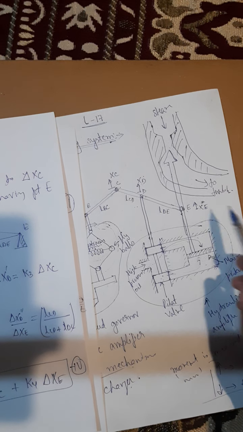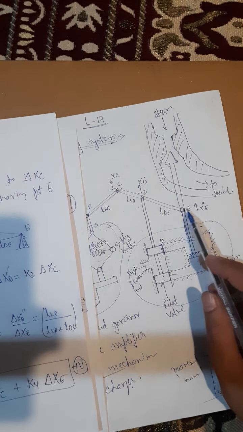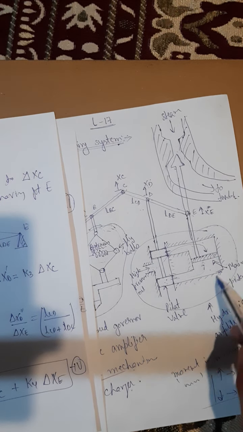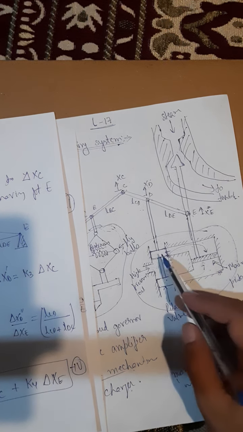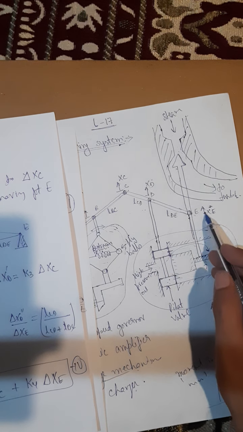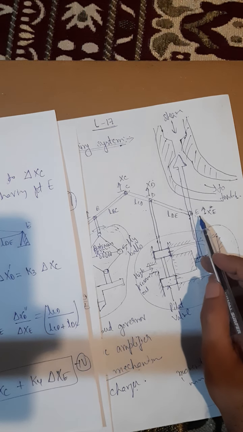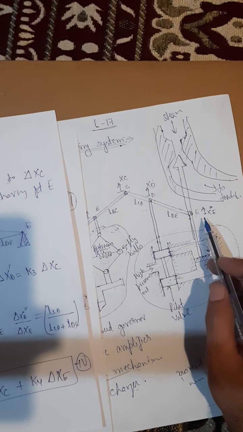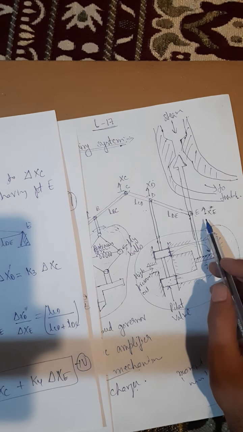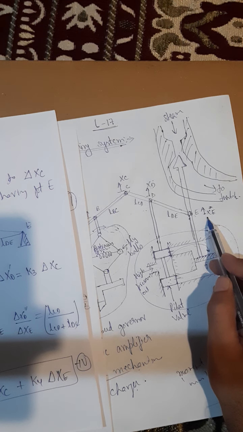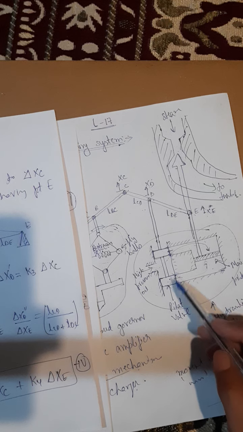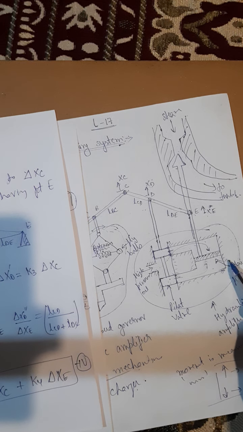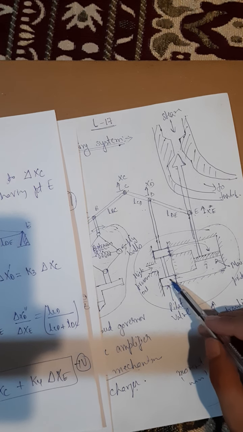Okay, so in this hydraulic amplifier, two assumptions are made to mathematically model the movement of point E. The first assumption is, in this hydraulic amplifier we have the pilot valve and the main piston valve.